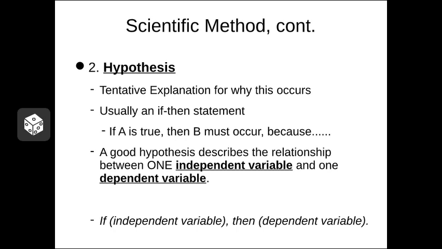There is a proper format for writing a hypothesis, and I would like you to use this format in this class. And essentially you say, well, if A is true, then B must occur because of some reason. So if I see A happening, or if I change A, then B is going to happen. And because would be why I think that happens.